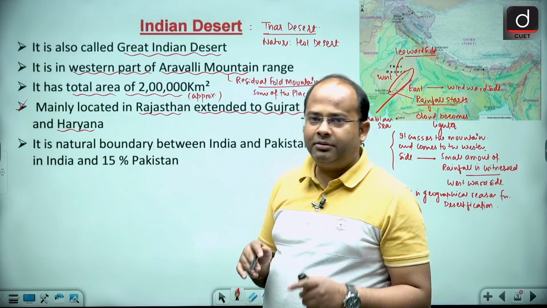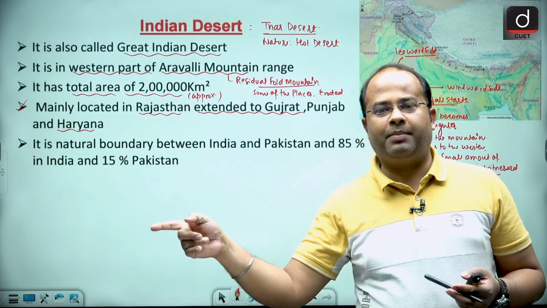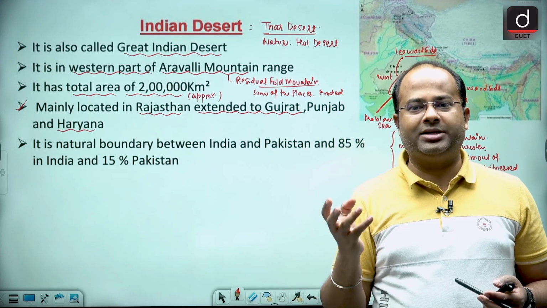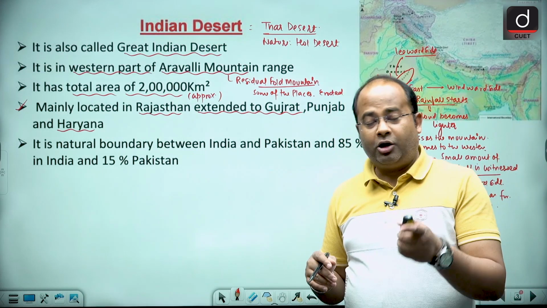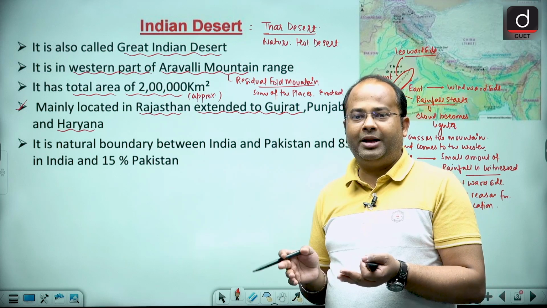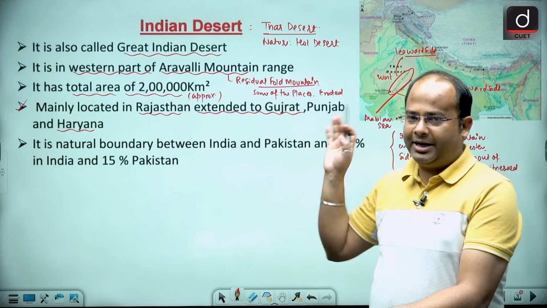And this Thar desert is also a natural boundary between India and Pakistan. Around 85% of the total area of the Thar desert is in India, and around 15% is in Pakistan.